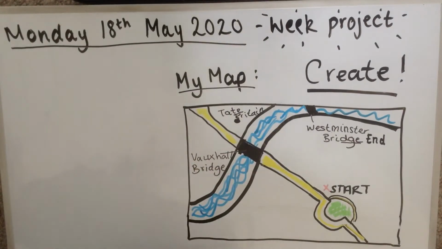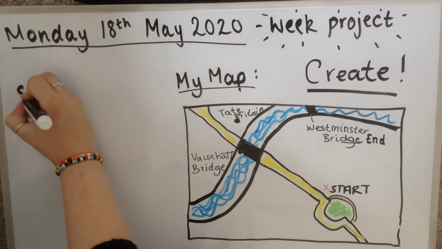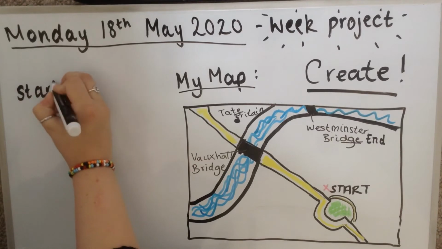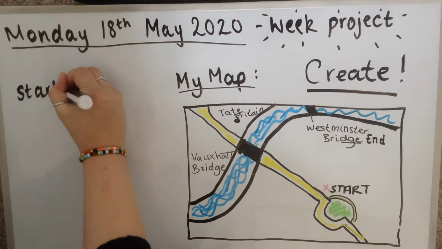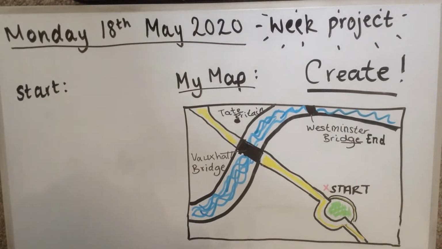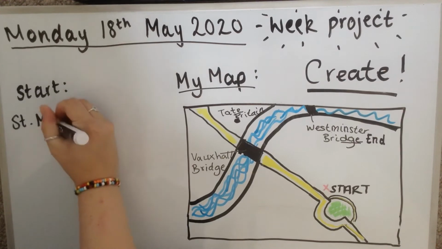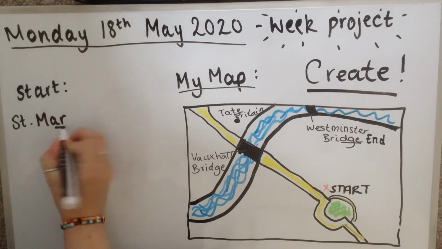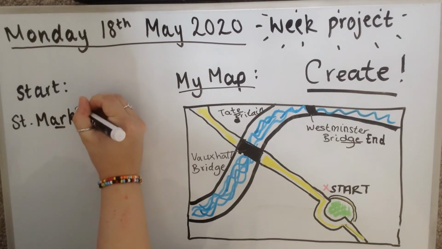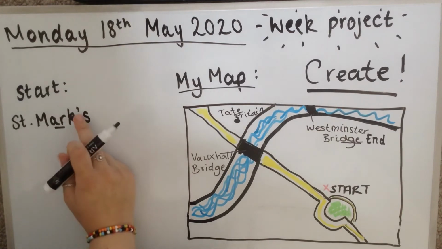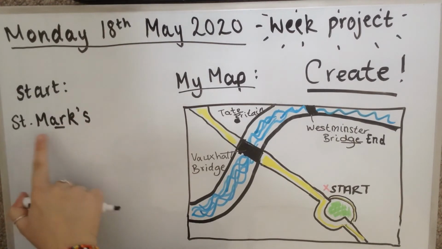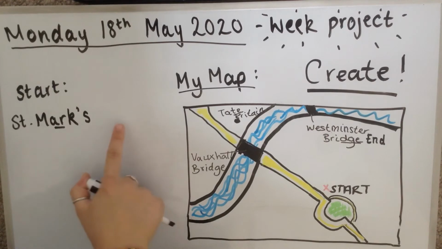Then I'm going to map out my key areas. So this would be like giving a set of directions. We would start, which we know is here, which was St Mark's. Remember this is an apostrophe because it's St Mark's Primary School.